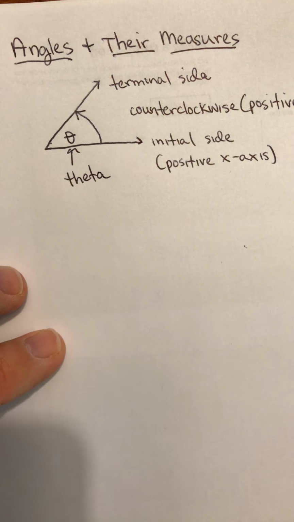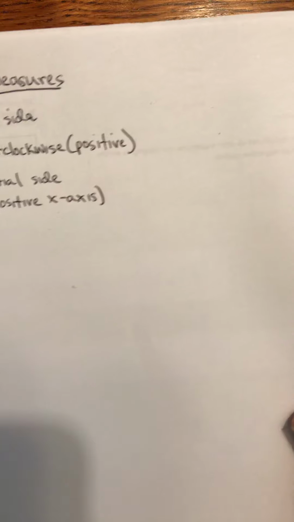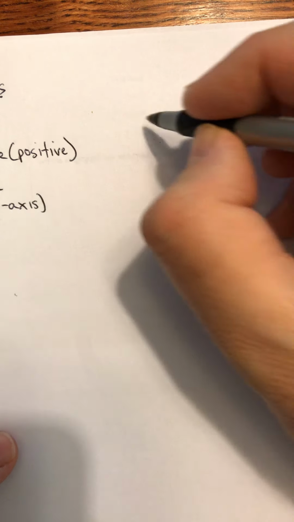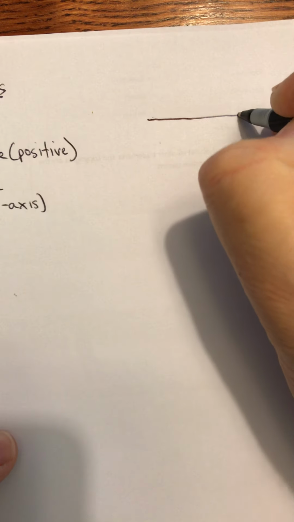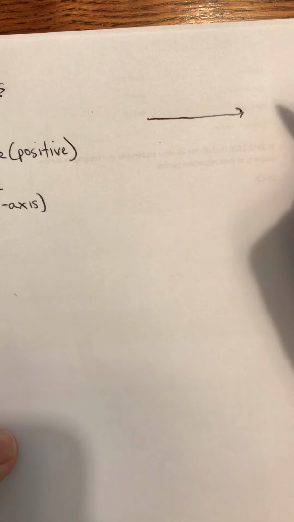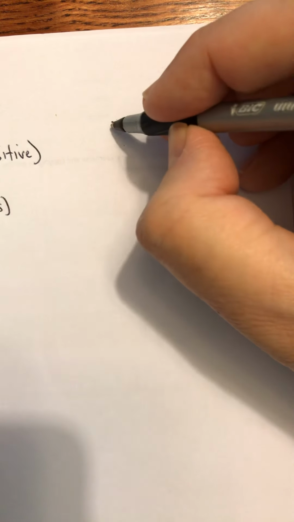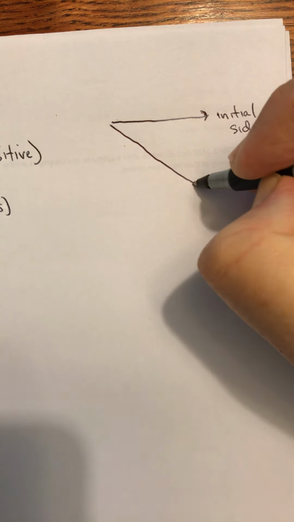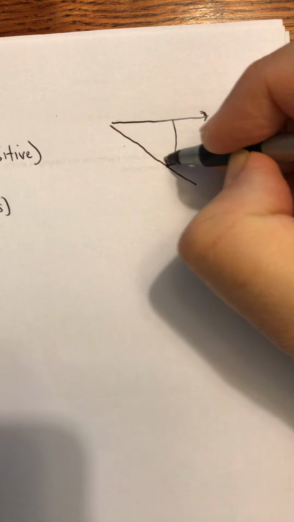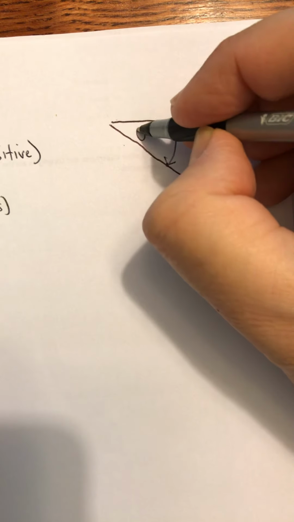All right, so that's a positive angle. Now we, again, draw the initial side on the positive x-axis. So this is my initial side. But this time we draw in the clockwise direction. Okay, this is still theta.